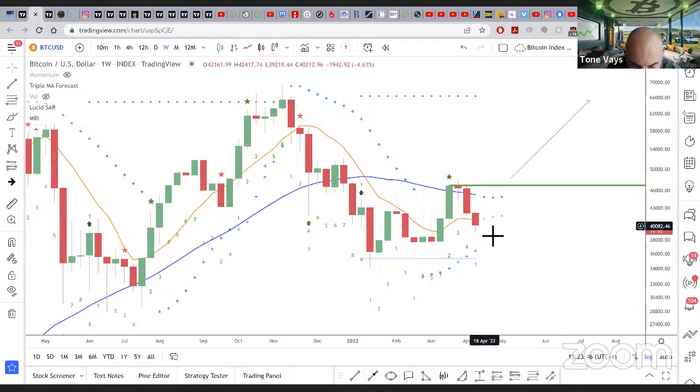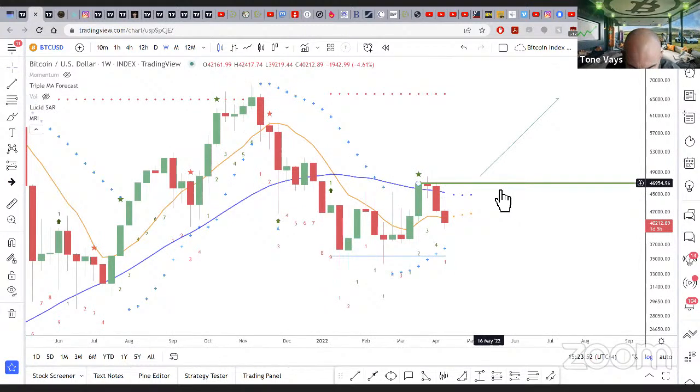I mean, the new candle is going to start next week, and it's going to be below the moving average. Until we break this green line, until we break 47,000, I just don't see much. I just don't see much bullishness coming in, unless one thing happens that I'm about to talk about.